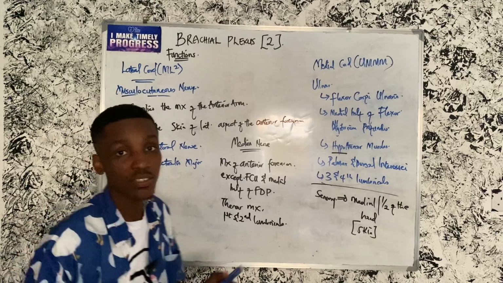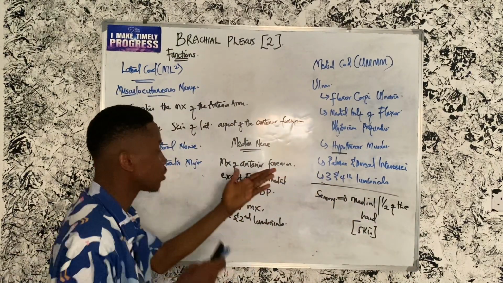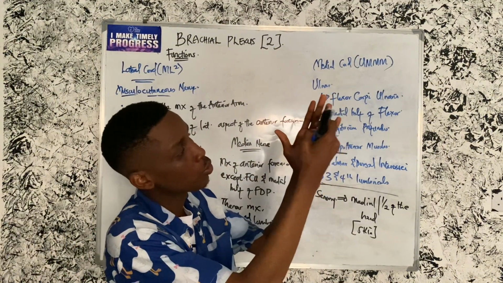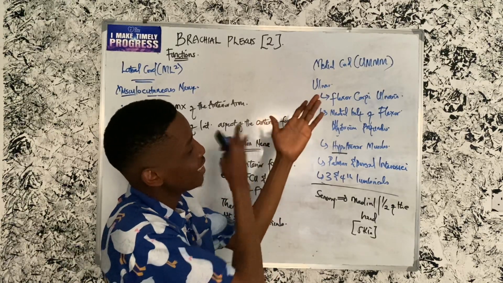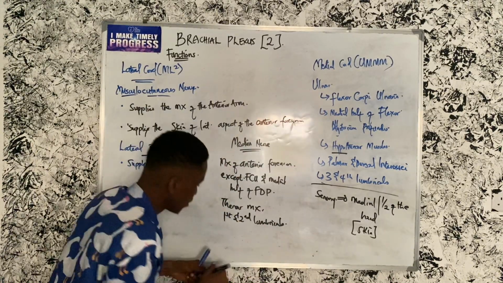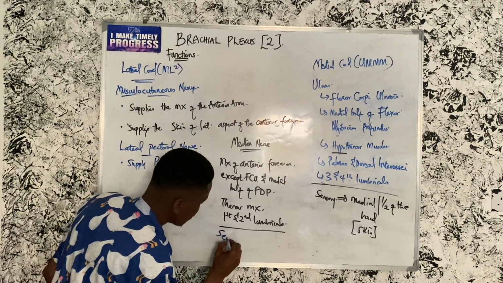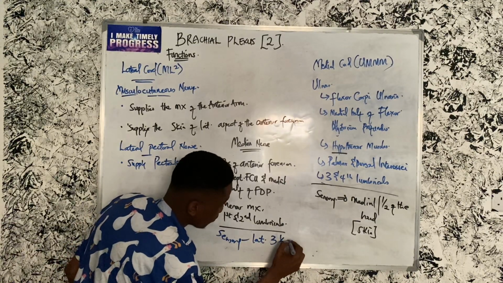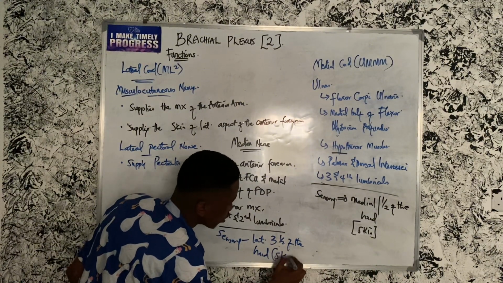Then in terms of its supply to the skin, which is the cutaneous innervation, remember we said we divided the hand into 1.5 and 3.5. So the lateral 3.5 of the hand will be its sensory supply. But remember, it's still skin.